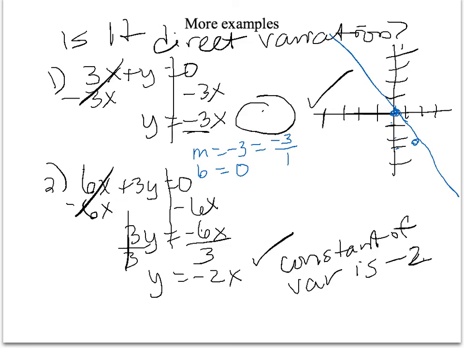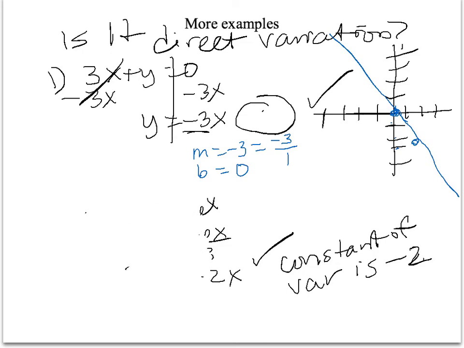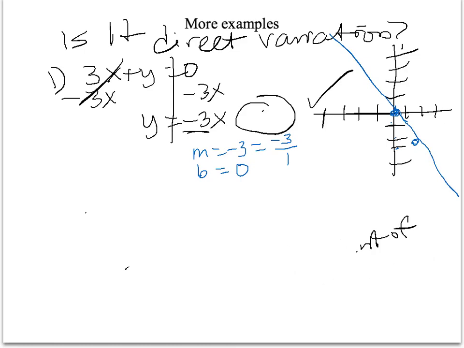And I'm going to give you two more examples. So let me erase this stuff, and we will take a look at 2 more examples. What about, let's say, 2y equals 4x minus 6.